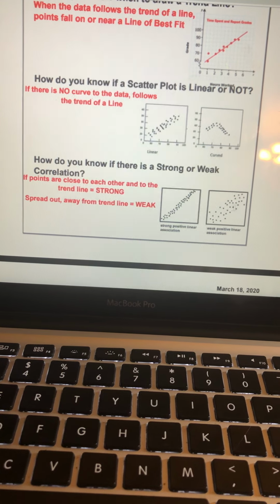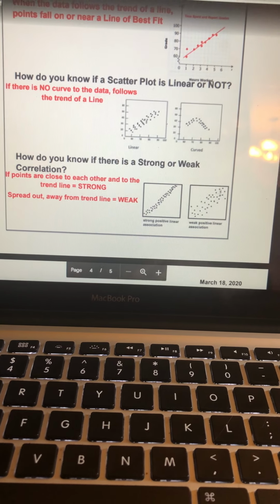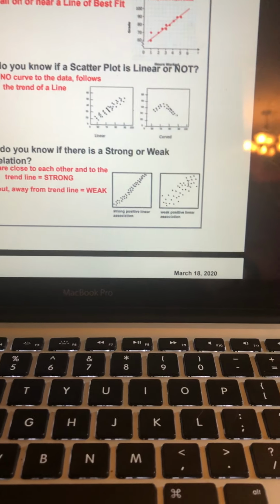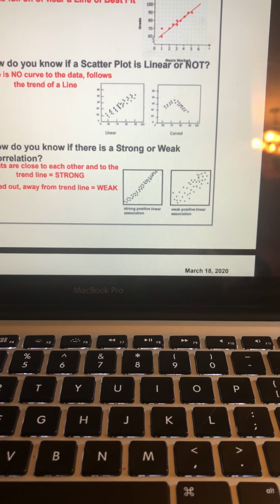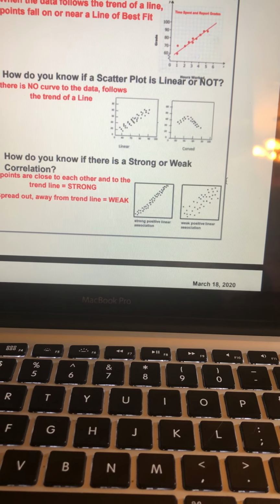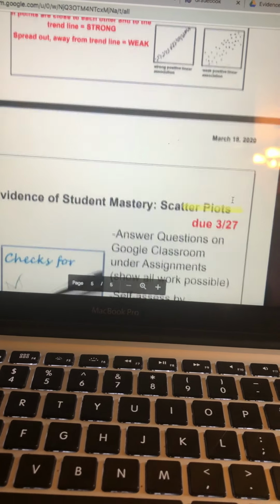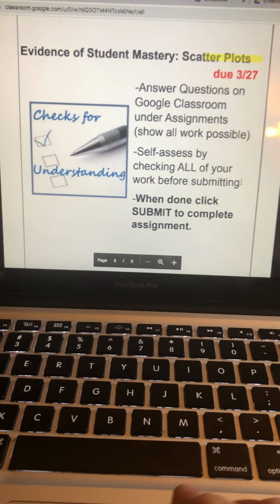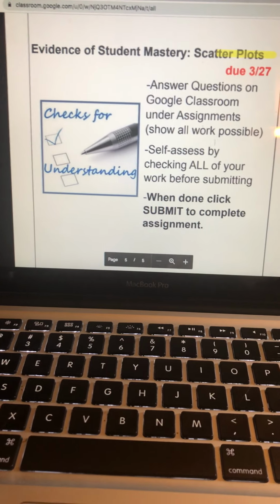Weak, they're more spread out. Please make sure you know that a weak correlation could still be positive or negative. This one in the corner is a weak positive because the majority of your data is going in an upwards direction. Okay?